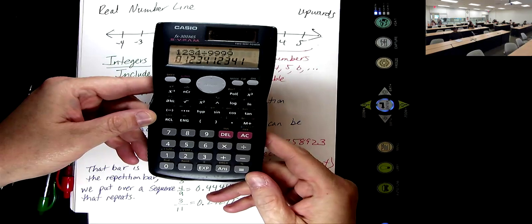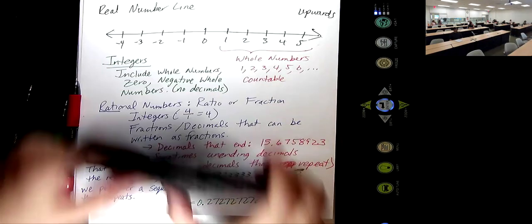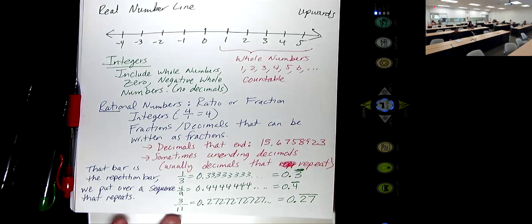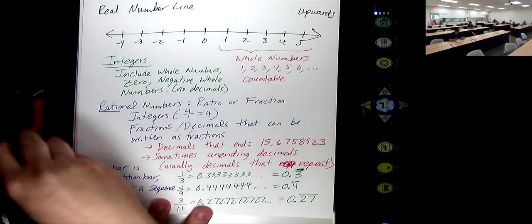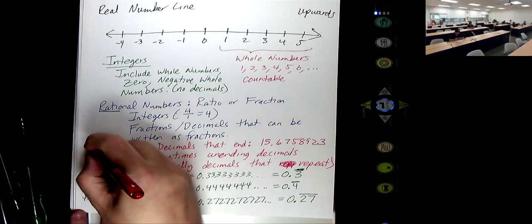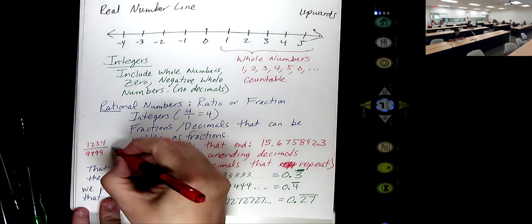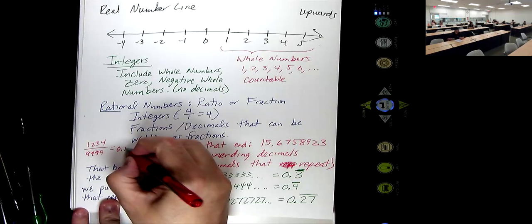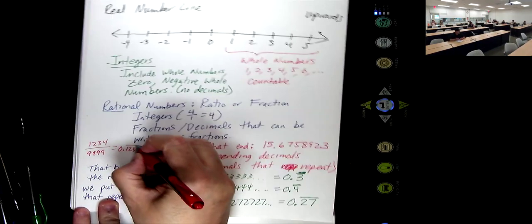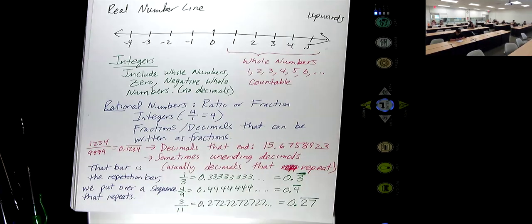That's the song of the count. So like that one, I just had 1 2 3 4 over 99999. That gave me 0.1234. All of those kept repeating in a sequence of numbers. So that's how we do it.